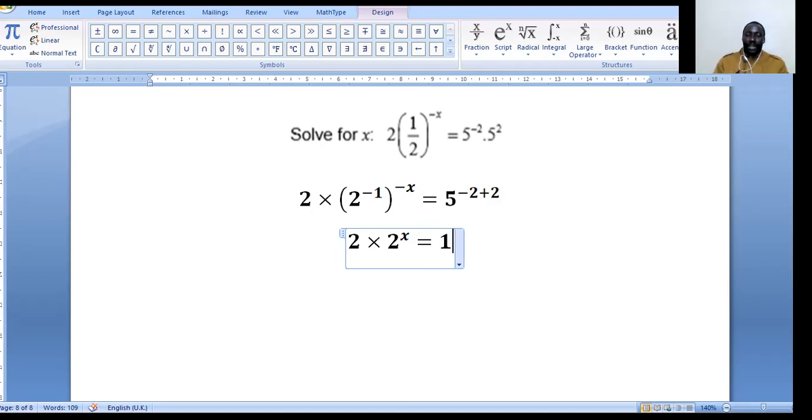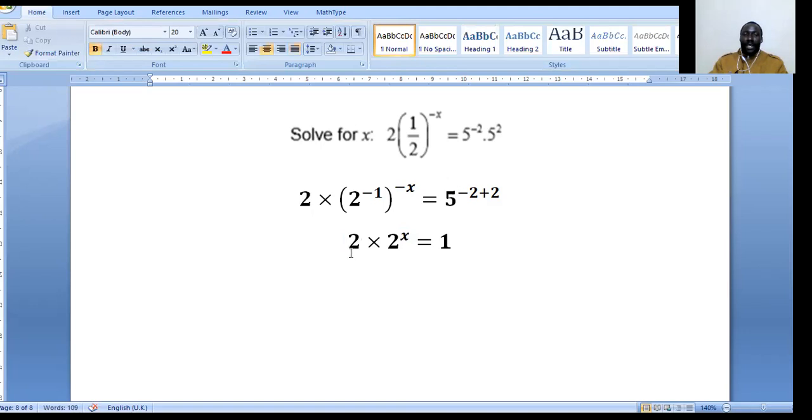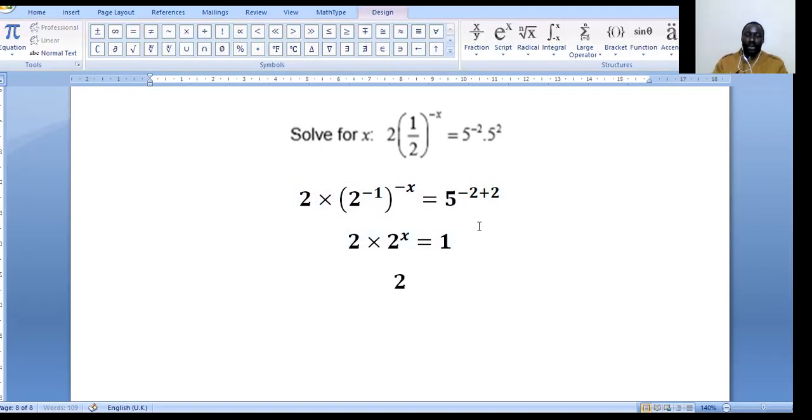See that? So in the next step, we then transfer this to that side, meaning on the left-hand side, we are going to be having 2 with exponent x. Then on the right-hand side, we are going to be having 1 divided by 2. Now notice that we can still simplify this further.